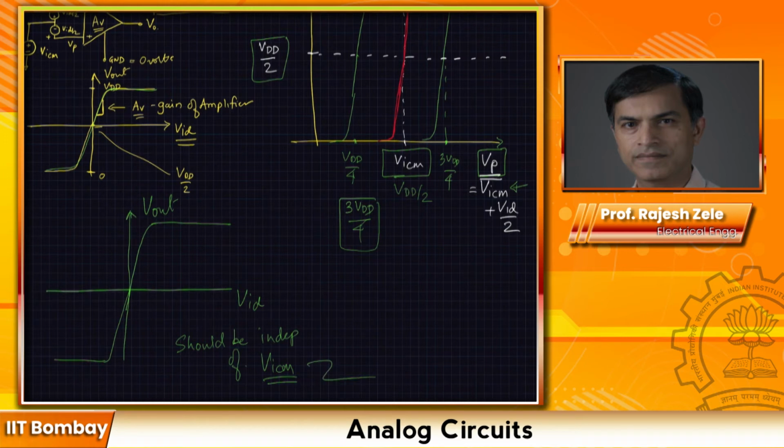And this VICM is the one that I explained to you a while ago. That's like a common mode signal, which is there on both sides when you're doing this ECG example. What we are trying to identify is not the common mode signal, but the difference between the two.